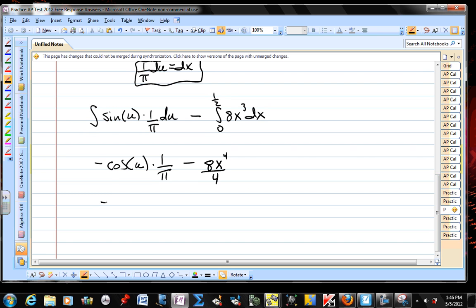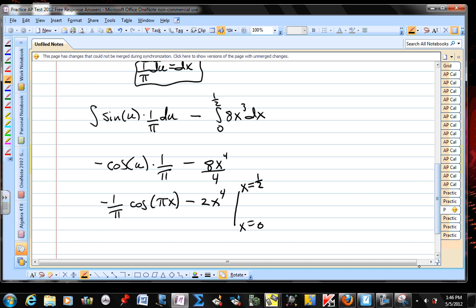So we're going to get -1 over pi times the cosine of pi x, replace u with pi x, minus 8 over 4 is 2, 2x to the 4th power. And we're going to evaluate this from x equals 0 to x equals 1/2. And there we go. That is our setup.